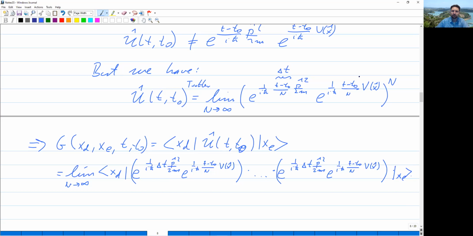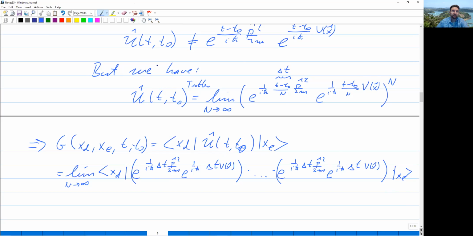Yeah, so that's the n powers here of this factor. Oh, just a sec. This is a delta t here, and same here. That's a delta t. Delta t. Okay.